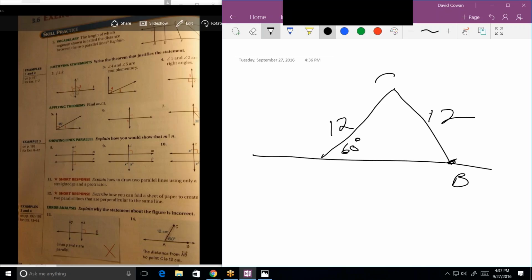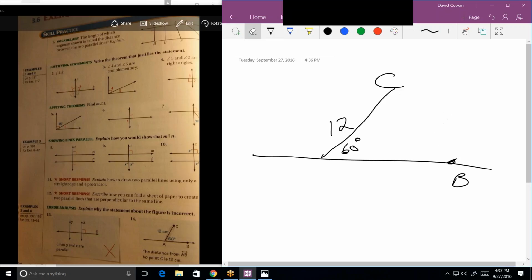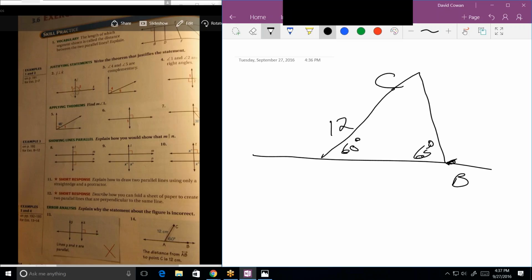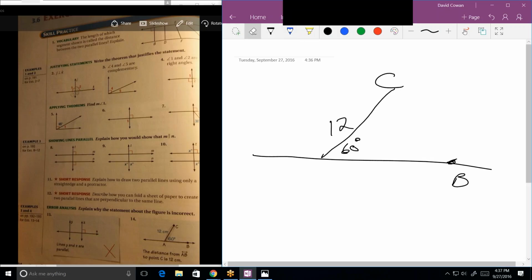They don't give us the measurement from C to B, and we cannot assume that it's an isosceles triangle. This angle could be most anything. That could be 65 degrees, and it would not be an isosceles triangle, and this would not be 12. So unless they give us more information, we cannot tell that CB is the same as CA.